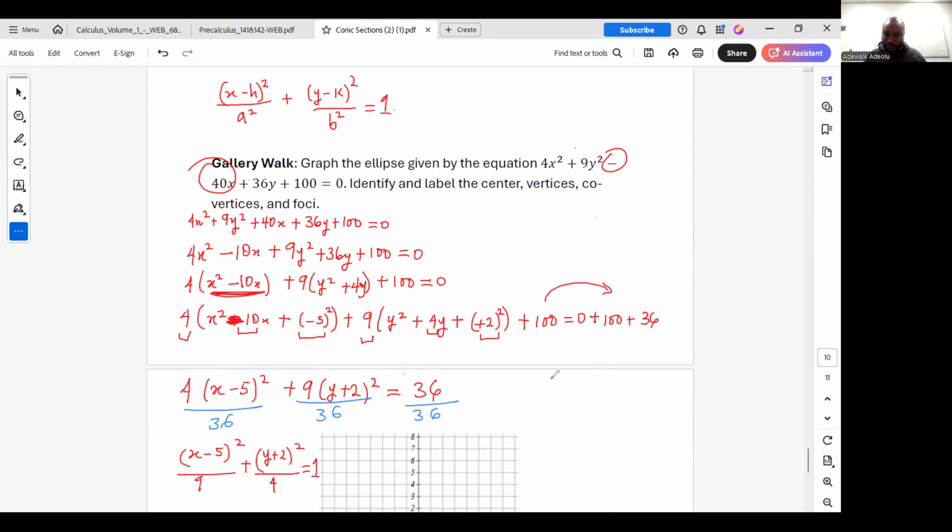So, center. Here we can see h is 5 and k is negative 2, right? Since 9 is more than 4, the major axis is along x in this case.